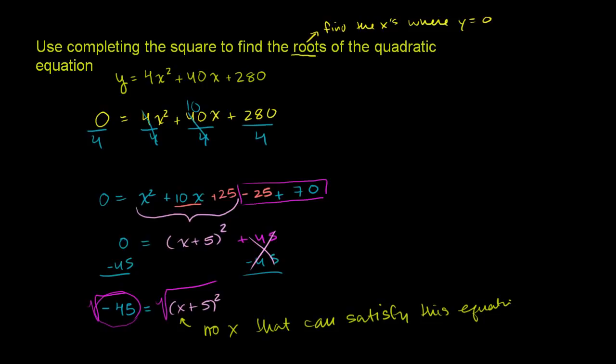So we could say there are no, and I'm using the word real because in Algebra 2 you'll learn that there are things called complex numbers. Don't worry about that right now, but there are no real roots to the quadratic equation. Quadratic equation. And we're done.